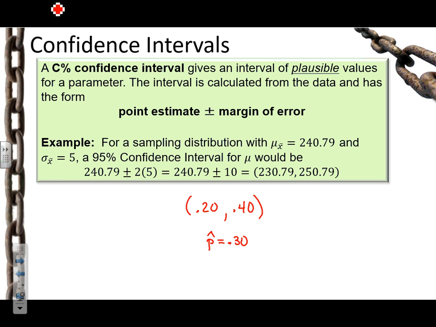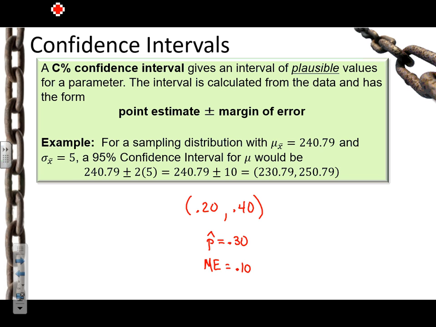Now, if it asked for the margin of error, so 30% is where we started at, what was our margin of error that we used for this particular problem? 0.1. I started at 30%. Well, to get from 30 to 40, I would have had to add 0.1. And to get from 30 to 20, I would have had to subtract 0.1.